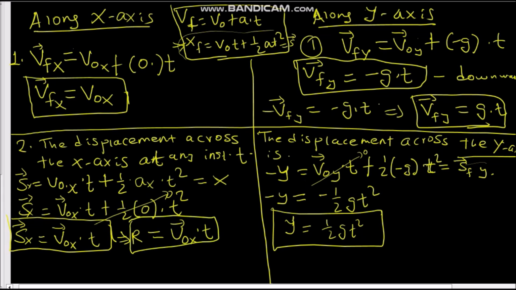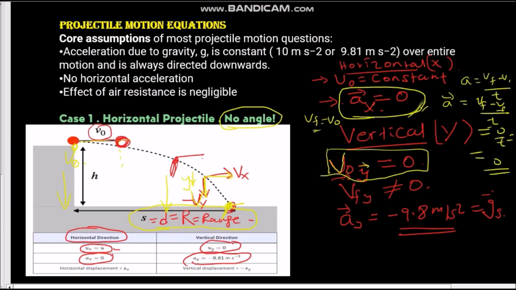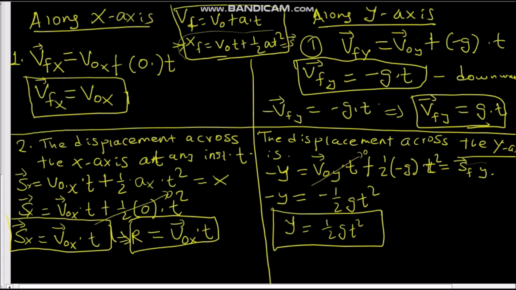It can be equal to the range, because at the beginning I explained that we call this the range. That means the horizontal distance, from this point to that point, the horizontal displacement. So we can write R is equal to v naught x times time. This is the equation for the range.